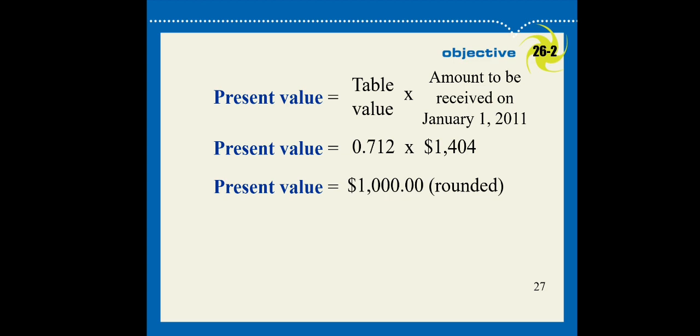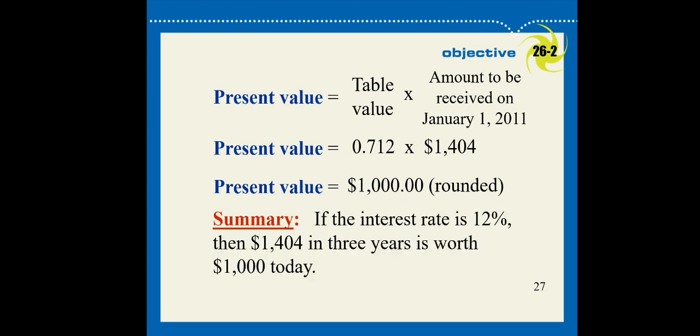So the present value is $1,000. The present value is less compared to the future value because of the effect of interest. So in summary, if the interest rate is 12%, then $1,404 in 3 years is worth $1,000 today.